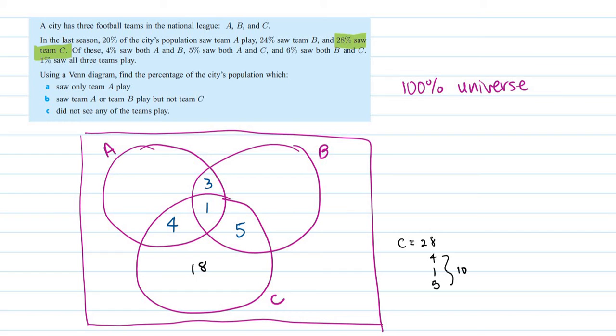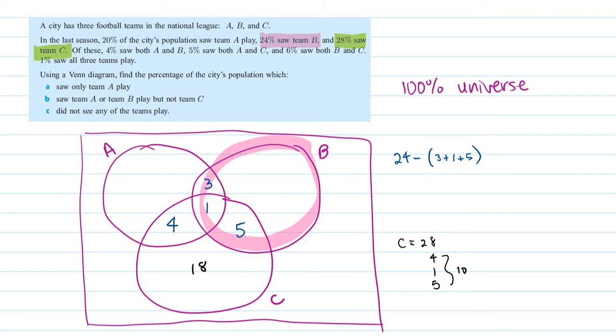24% saw Team B. So that's over here. Notice that we already have some of those values spoken for. So if we had 24%, we're going to subtract the 3, the 1, and the 5.